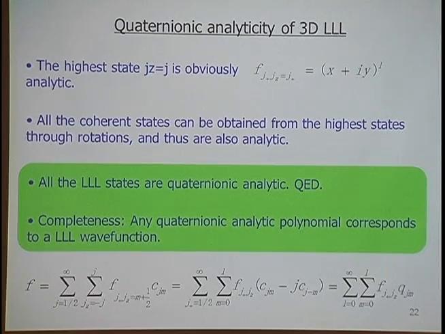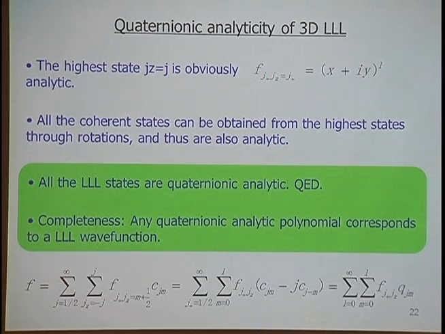And this simplifies the proof. First of all, we can just choose the highest weight state. Such a state is obviously quaternion analytic. All the coherent states can be obtained from a rotation of this highest weight state. So all the coherent states also satisfy the quaternion analytic condition.